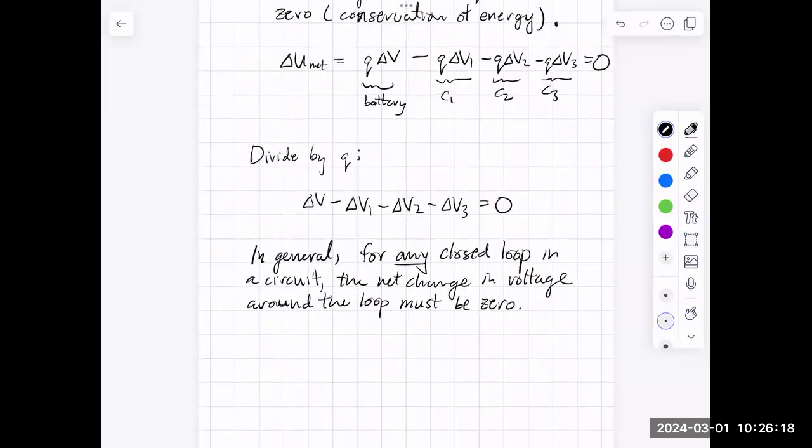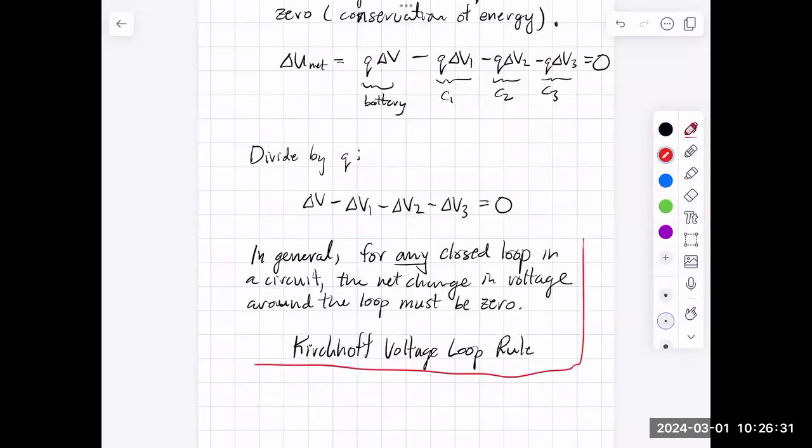This has a name. This is called the Kirchhoff voltage loop rule. And it is a cornerstone of all of the circuit analysis that we're going to do. There will end up being a second Kirchhoff rule, and we'll come to that probably next week sometime.